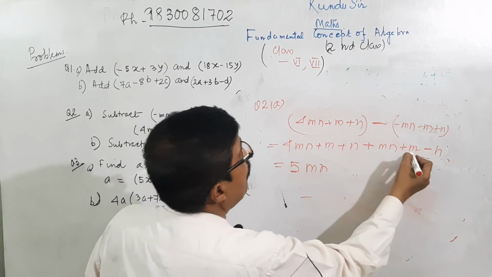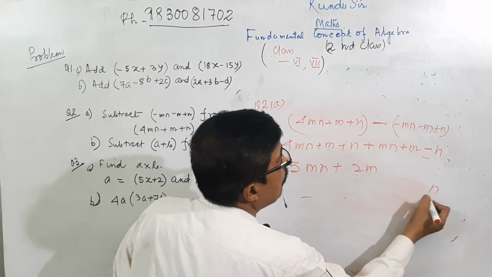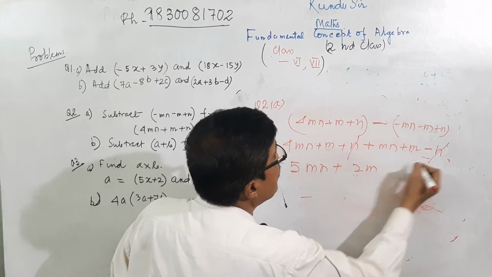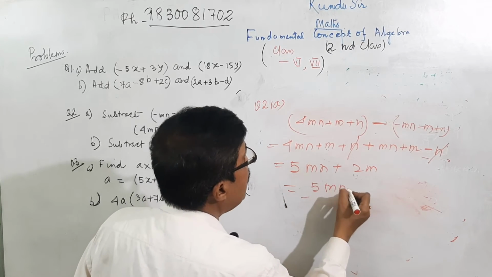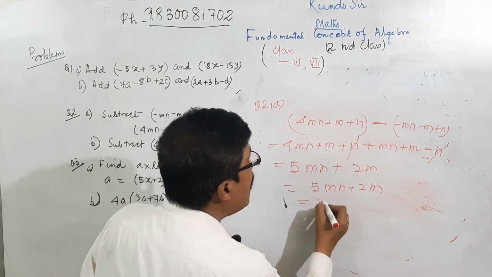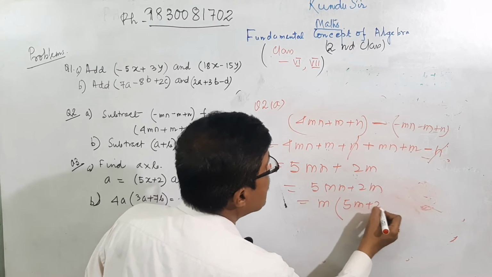Then m plus m equals 2m, and n plus and minus equals 0, that is we are cancelling, equal to 0. The result is 5mn plus 2m.